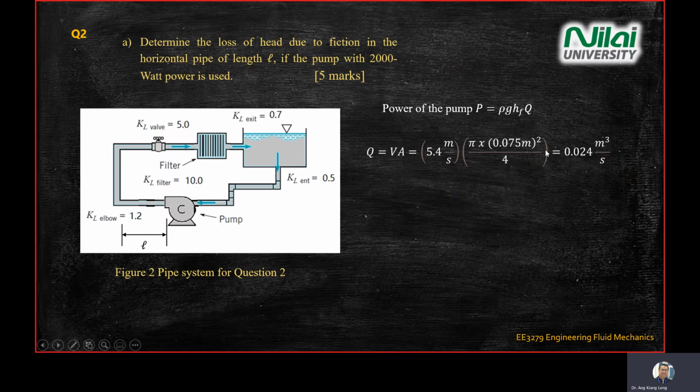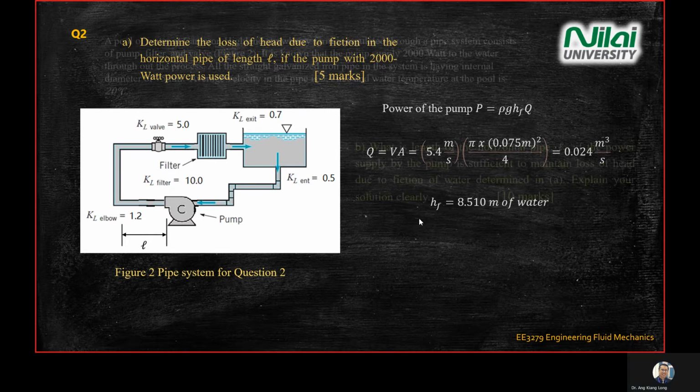So you substitute all the values that you find. You find your Q equal to VA. A is the cross-section area for all the straight pipe. All right, and then you substitute the values inside this equation. At the end, you arrive at 8.5 meters of water. So this is the answer for section A.